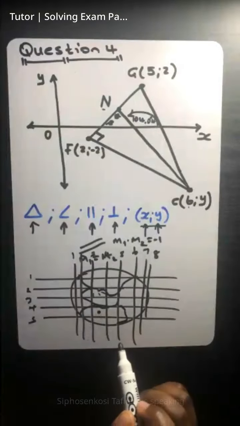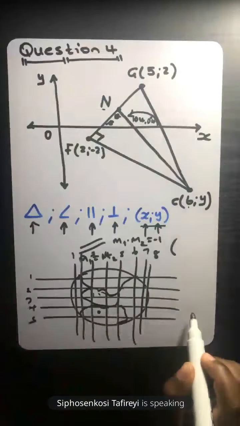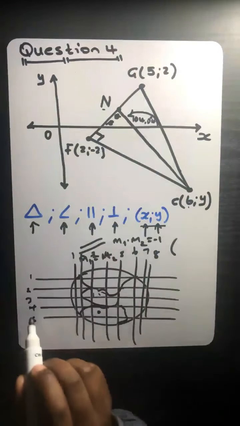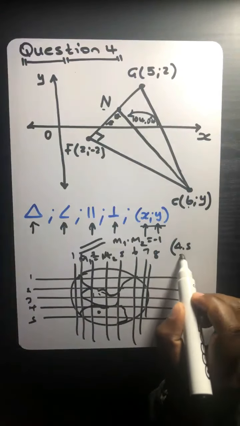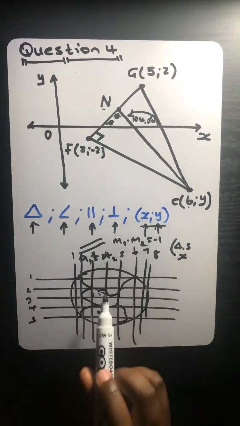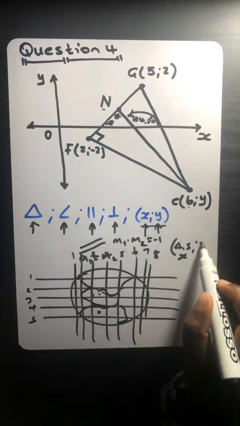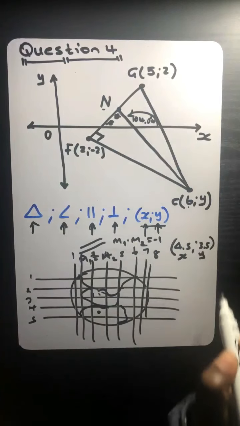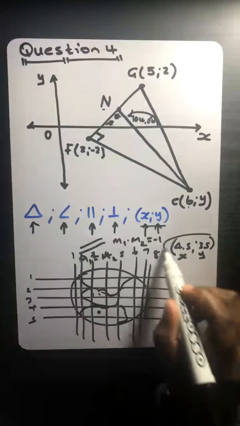If you are somewhere, let's say somewhere there, and we assume this to be the x, then you can say I'm between 4 and 5, maybe 4.5. We know we are referring to the x or the horizontal. Then in terms of the vertical, you are somewhere at 3.5. We know the y. Then from there, we know exactly where you are.